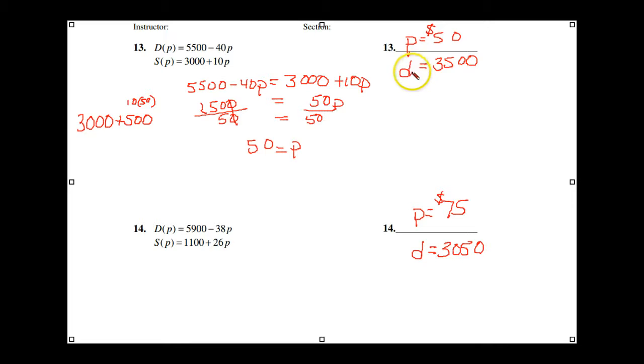So this is your demand, this many units at $5. And this one works out exactly the same way. You equal your equations. P is 75. If you put 75 here, multiply it by 26, add this to it, you get that. Okay? You could also put the p in this equation.